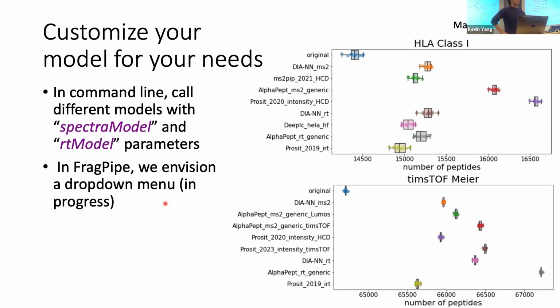There is one potential downside: because these models are predicting the same thing, they're often going to be very linearly correlated. We found that when you add all those features into the pin file for Percolator, which is itself a linear SVM, it actually struggles a lot with having these linearly correlated features. It will tell you the weights of the importance of each of these features, but if you have all these different features telling us very similar things, then those weights start to become weird.